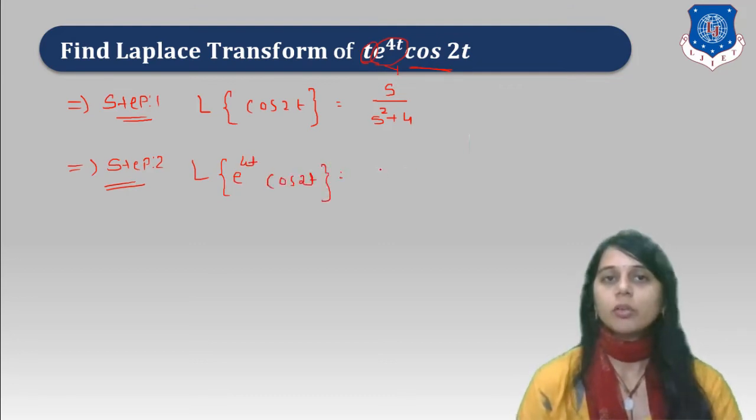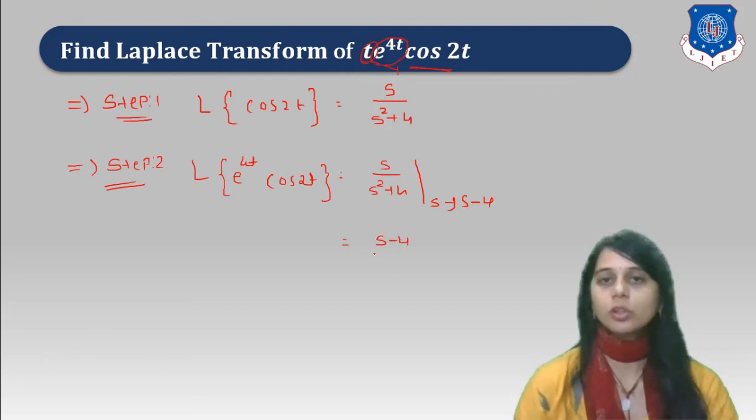This is applicable for the first shifting theorem: s upon s square plus 4, s tends to s minus 4, because a equals 4. So the answer is s minus 4 upon (s minus 4) whole square plus 4.